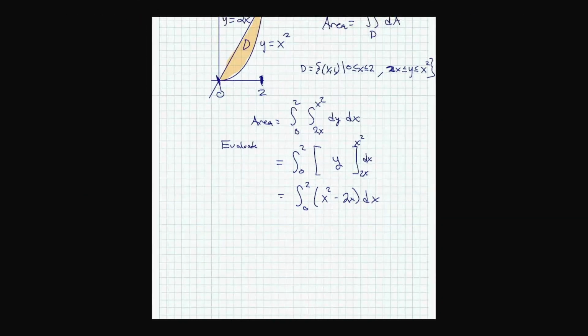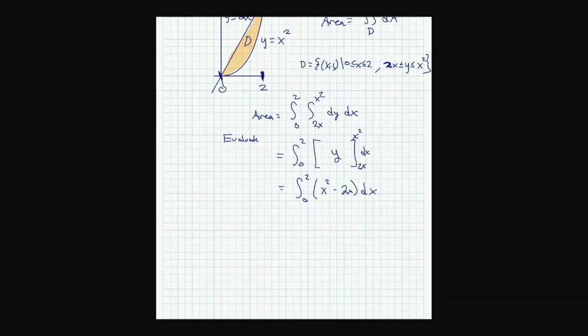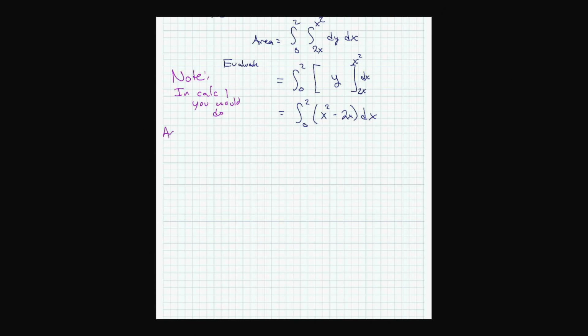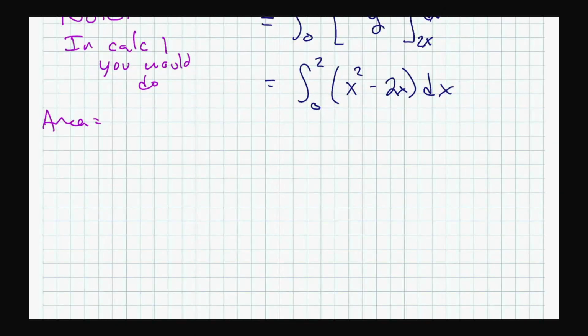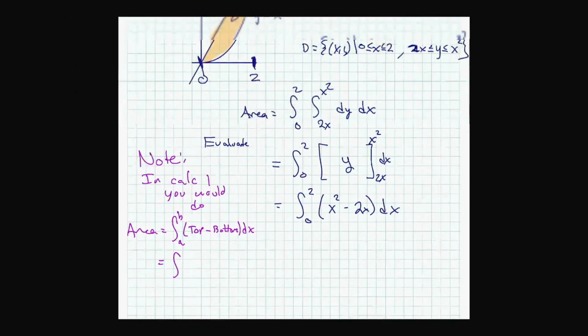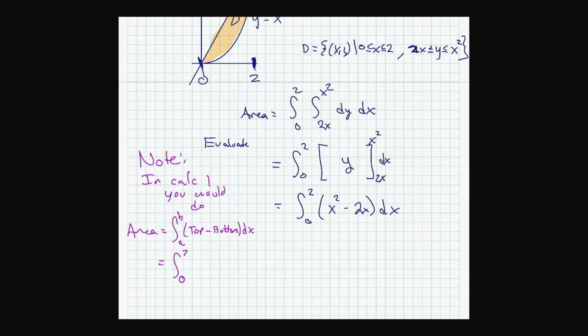Now, the reason I want to mention this is just a note. In Calc 1, you would do area equals an integral from a to b of the top curve minus the bottom curve, dx. And if you work that out here, your a and your b would be 0 and 2.